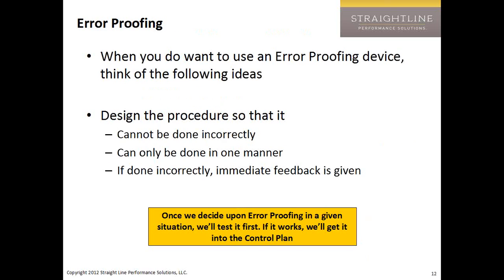One of the things that a lot of times you'll find with error proofing is you'll run into something where, when you're brainstorming, how can we improve this? People say, well, it's just human error, or there's no way that we can fix it.